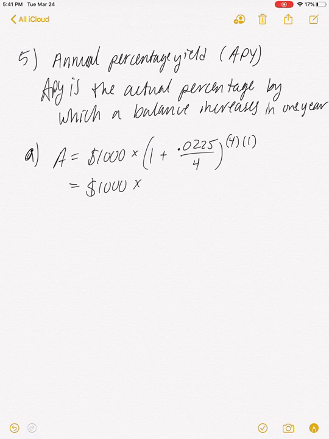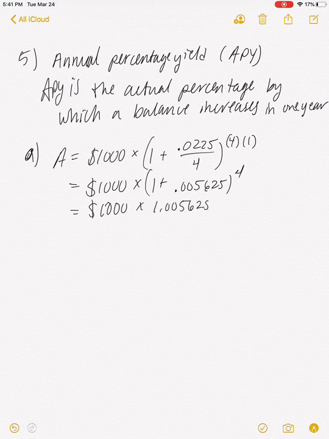So $1,000 times 1 plus 0.0225 divided by 4, which is 0.005625. Okay, so we're going to take that quantity and raise it to the 4th power. So we have $1,000 times 1.005625 to the 4th power.